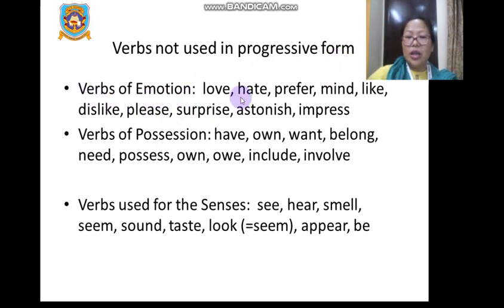Verbs of emotion: love, hate. You cannot say loving or hating. Prefer, surprise, astonish, impress. These are verbs not used in progressive form. Verbs of possession: have, own, want, belong, need, possess. Verbs for the senses: see, hear, smell.